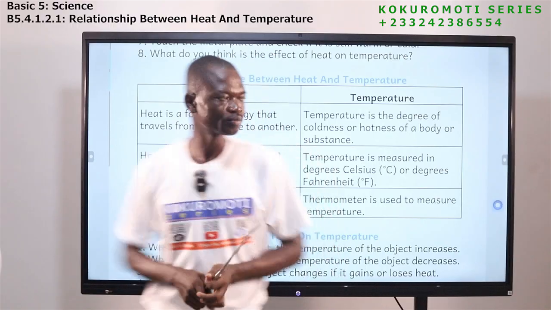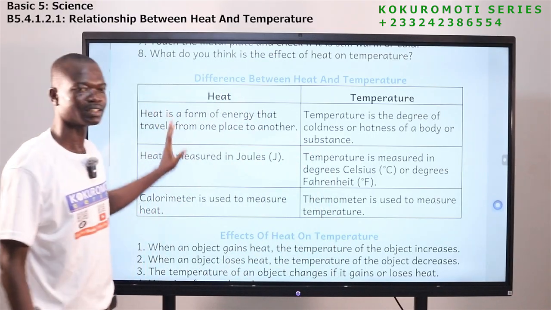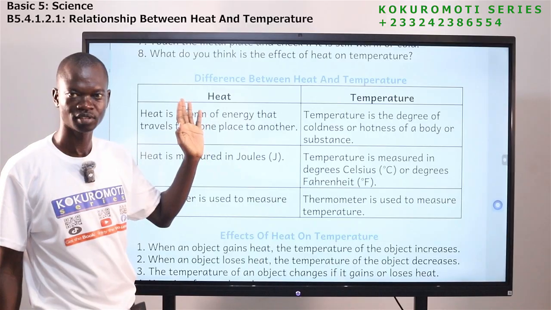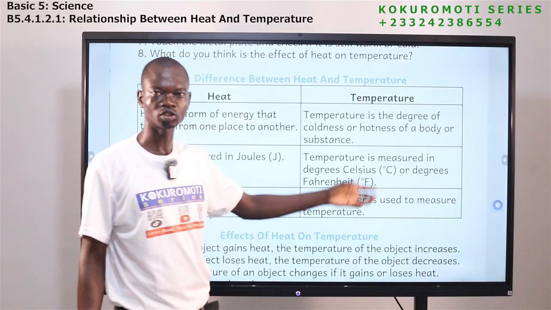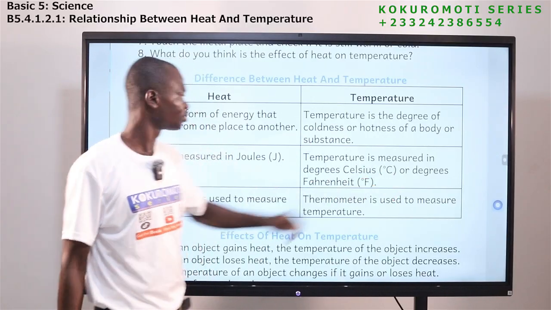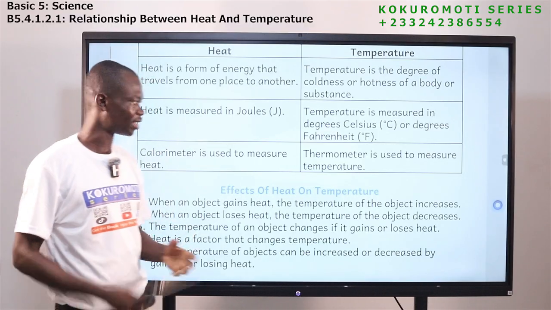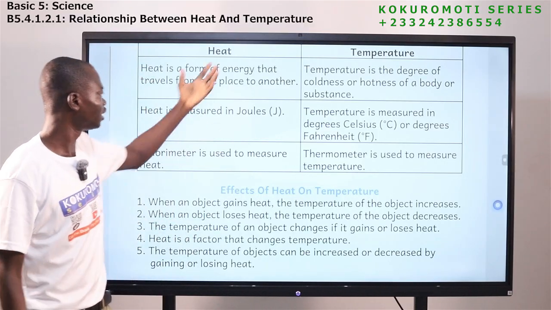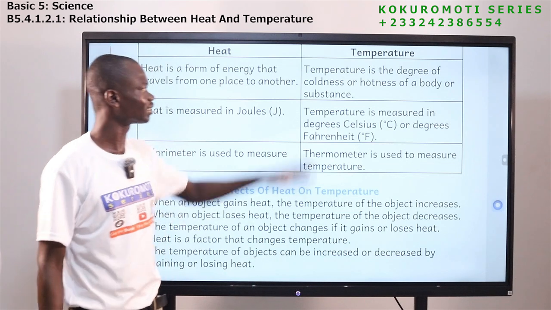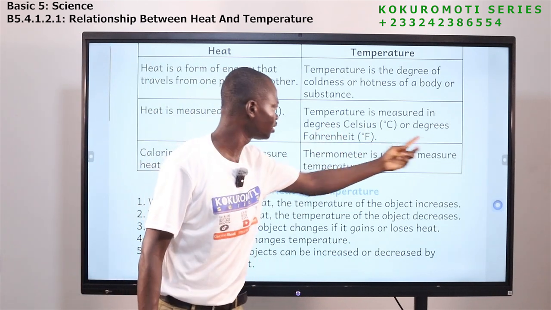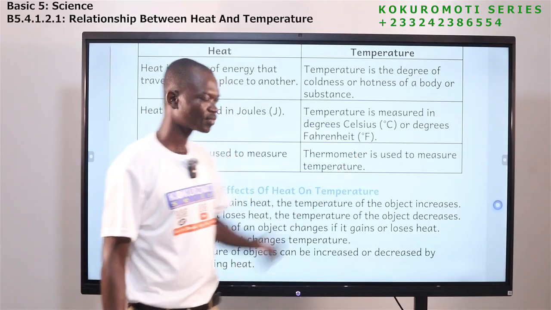3 things. 1, heat is a form of energy, but temperature is not a form of energy. It's a measurement of how hot or cold a substance is. When you come here, let's look at the unit of measurement. Heat is measured in joules, but temperature is measured in degree Celsius or degree Fahrenheit.